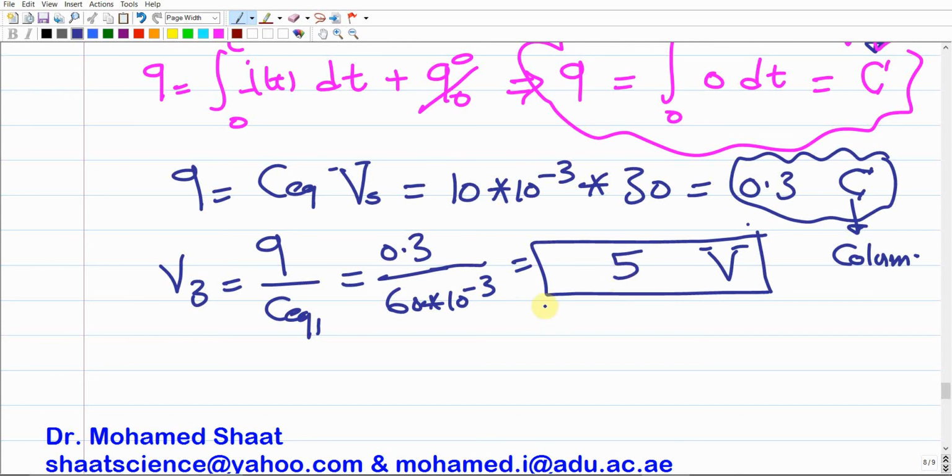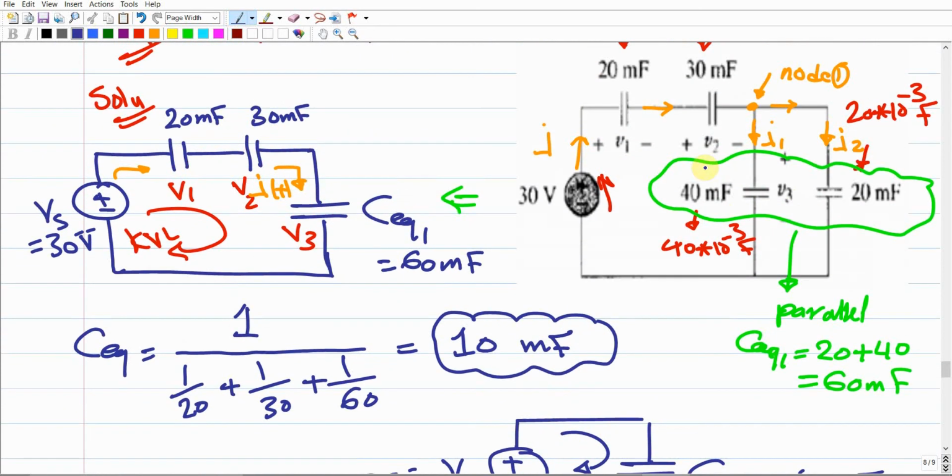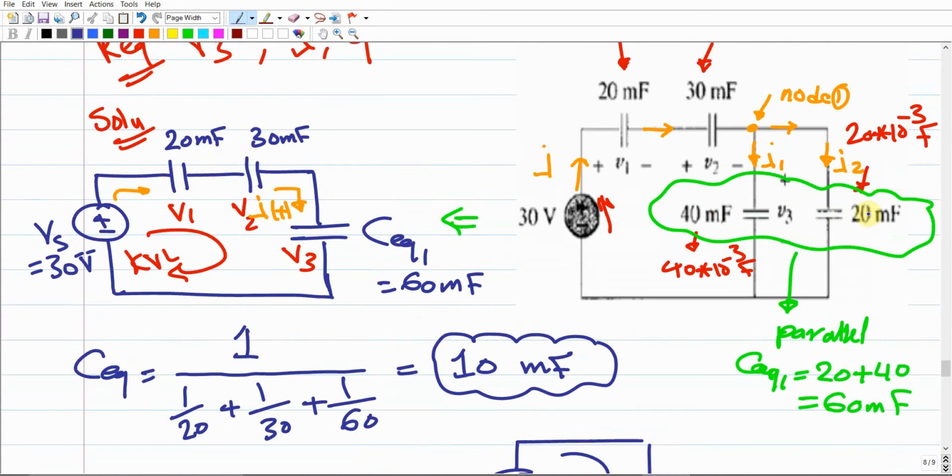So what does it mean? This means that the voltage over this capacitor equals 5 volts, and the voltage over this capacitor will be 5 volts. The same thing, the voltage over their equivalent is also 5 volts. Make sense? If we are interested in the voltage over V2 or V1, we can do the same. V1 will be Q over 20, but V2 will be Q over 30.